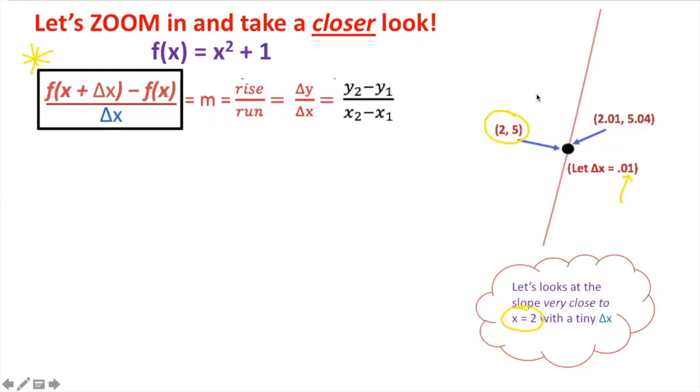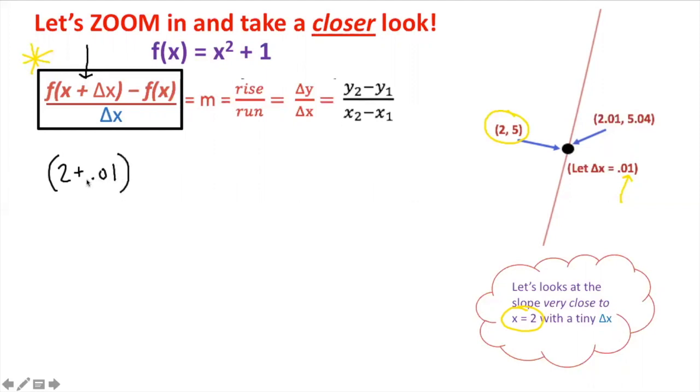So let's start breaking this down using our new slope formula. We have our function, and this says we're going to plug in x plus delta x. Our function is x squared plus 1, so we have x squared plus 1, but into the x, I'm going to plug in 2 plus the delta x, which was 0.01.